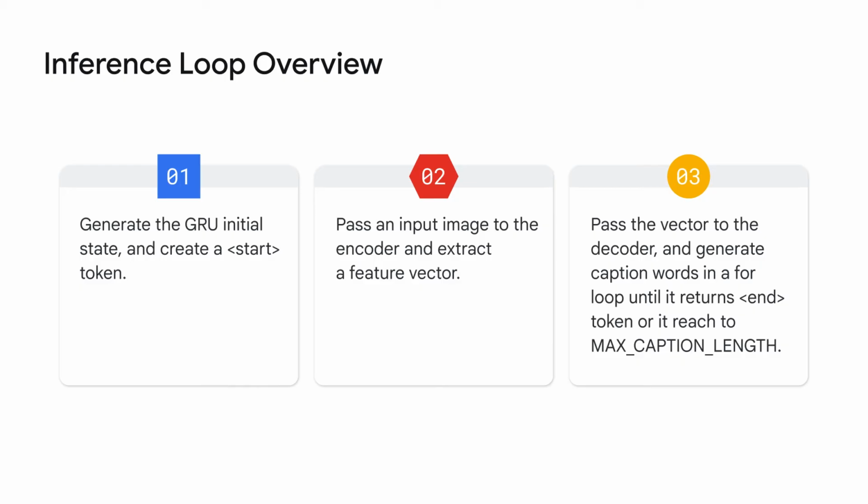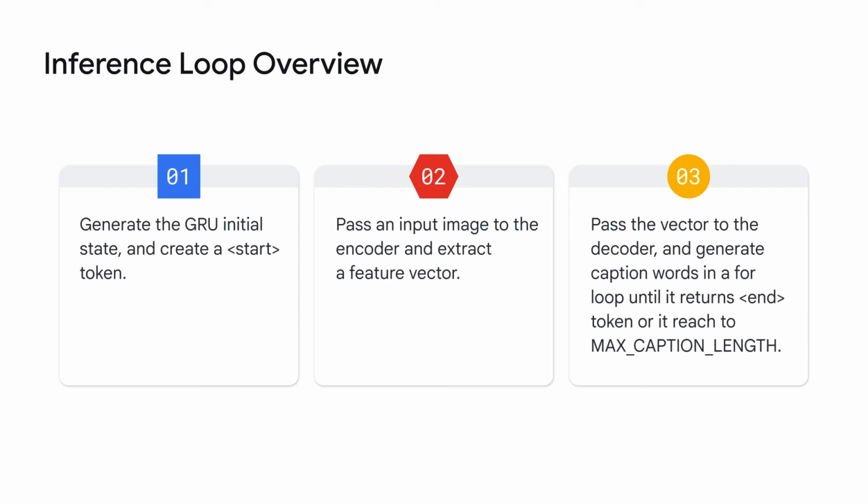So at the beginning of each captioning, we explicitly initialize the GRU state with some value. And at the same time, remember our decoder is an autoregressive function, but since we haven't got any word prediction yet at the beginning of the inference, we pass a start token, which is a special token that means the beginning of the sentence.